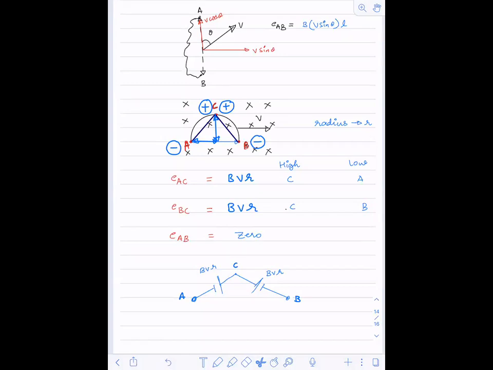Just see here. There is a region with a magnetic field across it, a magnetic field is there everywhere.